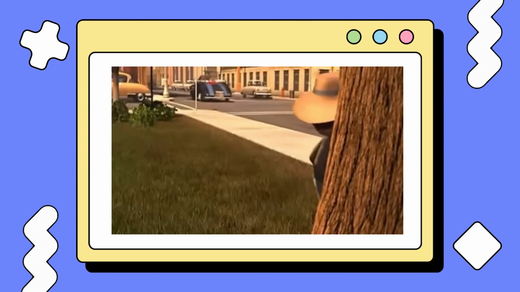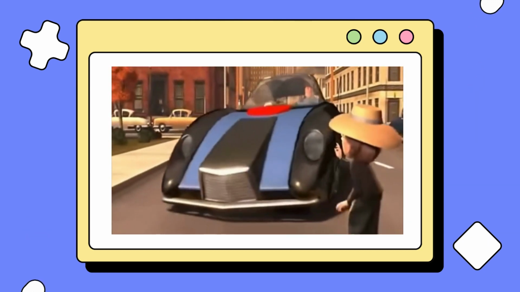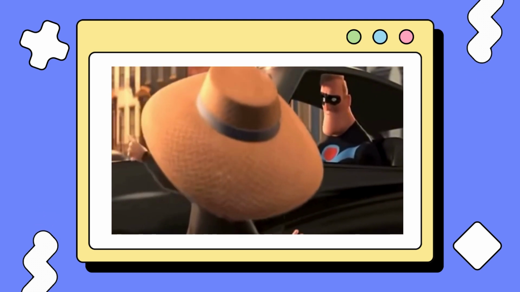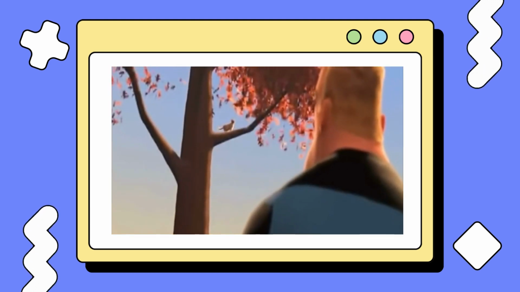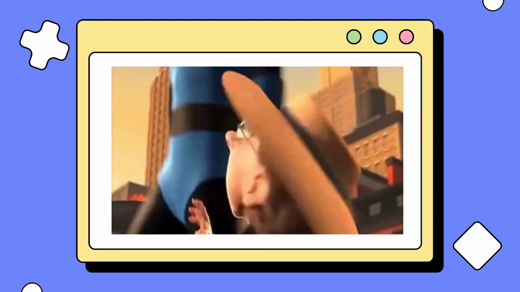Mr. Incredible, oh, Mr. Incredible. What is it, ma'am? My speaker won't come down. Certainly, ma'am, but I suggest you stand clear. There could be trouble.